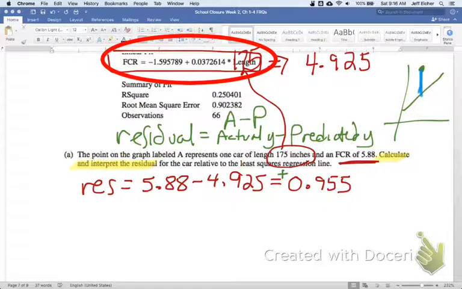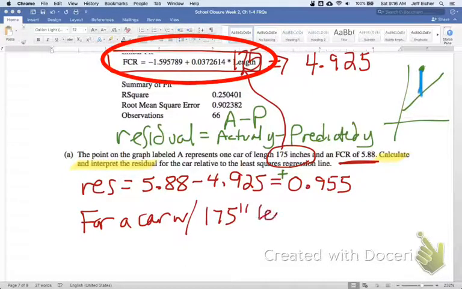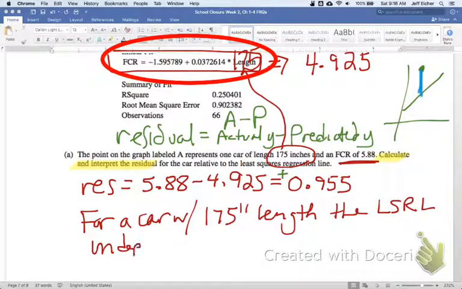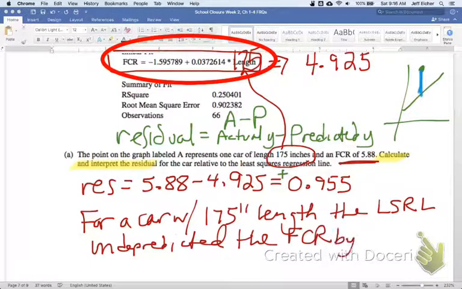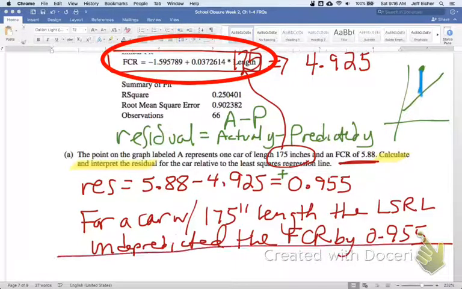So that means something like for a car with 175-inch length, the least squares regression line under-predicted. The line is beneath the point. The line under-predicted the FCR by 0.955.